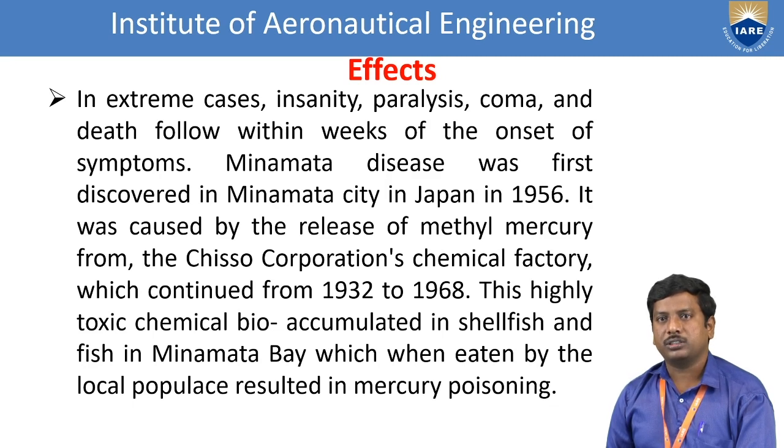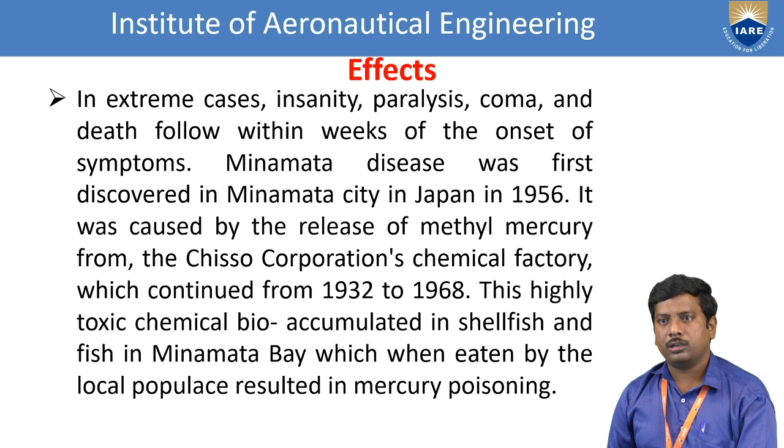Minamata disease was first discovered in Minamata city in Japan in 1956. It was caused by the release of methyl mercury from the Chisso Corporation's chemical factory, which continued from 1932 to 1968, nearly 36 years.